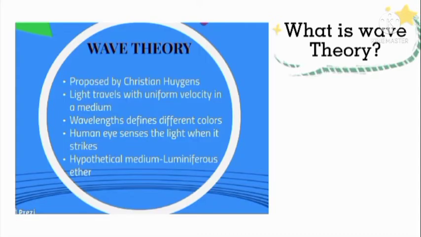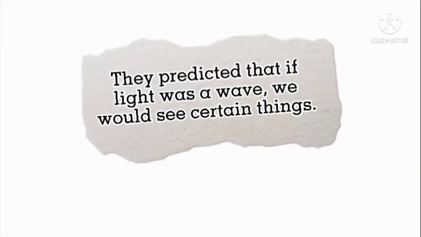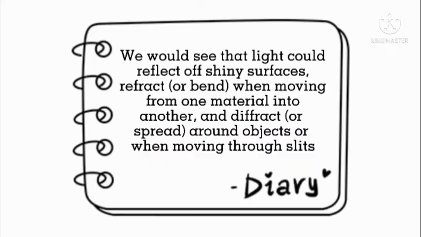What is wave theory? The wave theory of light was the way we first understood light. The theory was spread most significantly by Robert Hooke and Christian Huygens in the 17th century. They predicted that if light was a wave, we would see certain things.